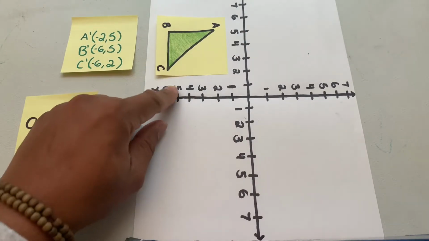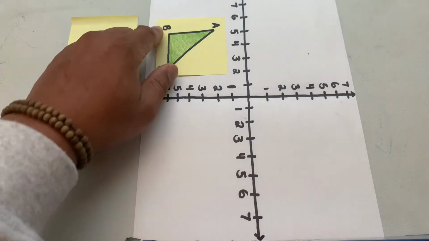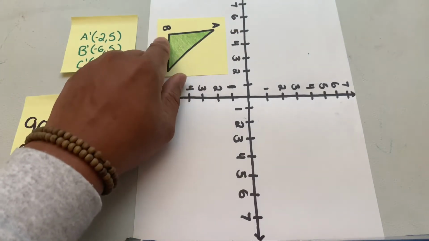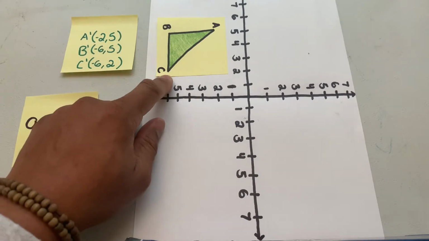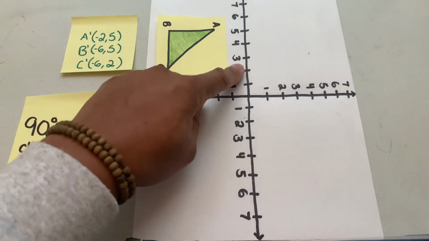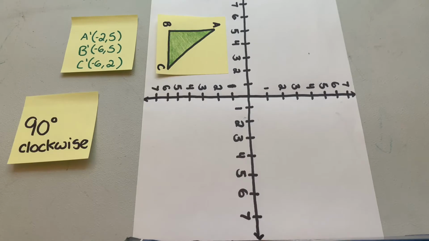B is at negative 6, 5. And C is at negative 6, 2. If you can visualize that concept, then you're going to do wonderful throughout this video. If you don't understand that, then I want you to replay this segment of the video once more.